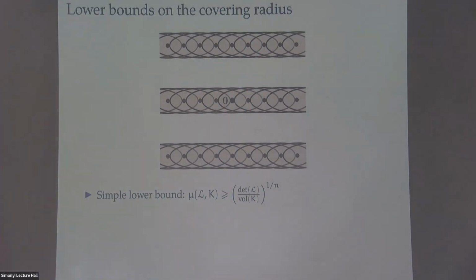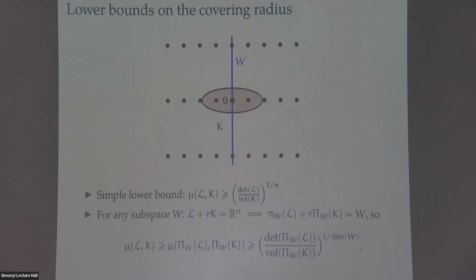And this is what Kannan and Lovász noted in 1988, and they proposed a slightly more sophisticated lower bound. Instead of just looking at the entire space, they said, what if we take this covering and we project onto some direction? So here's the idea. I have some subspace W, in this case just a line.